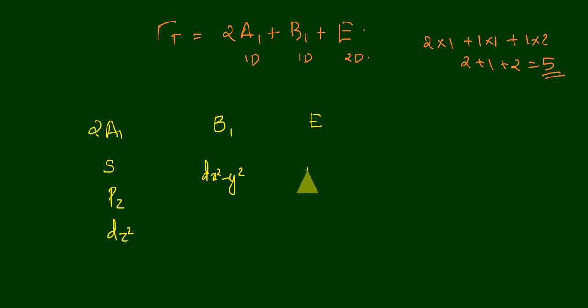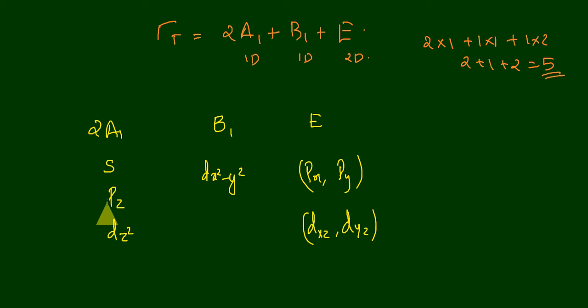So px py, okay, these together, and dxz dyz, okay, these together. So we can have either of these because it is 1e. So 1e will be equivalent to px and py together, or dxz and dyz together. Okay, so there are actually 6 combinations possible.